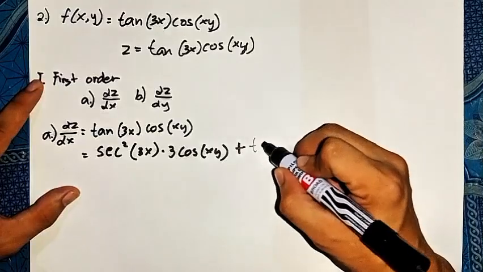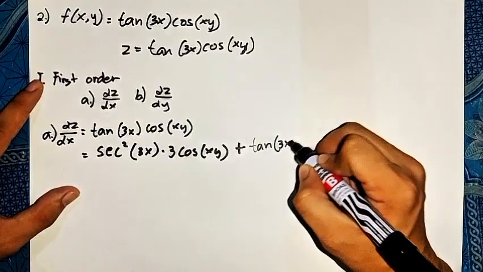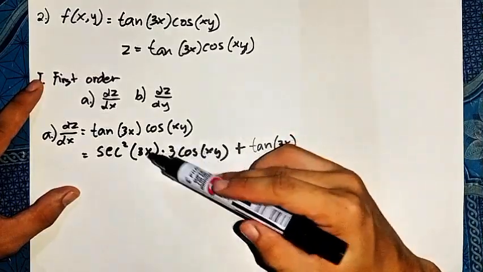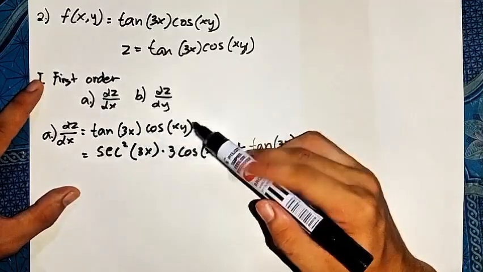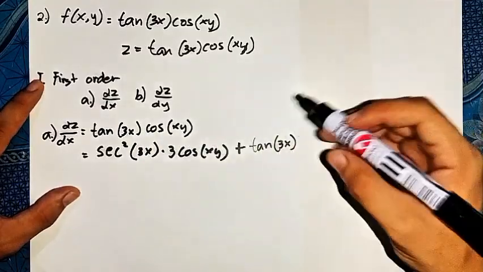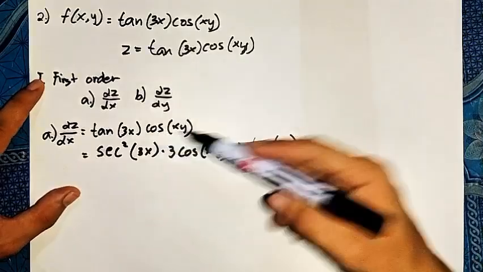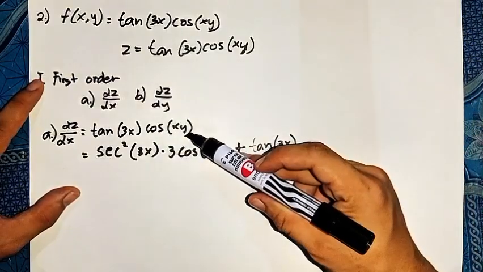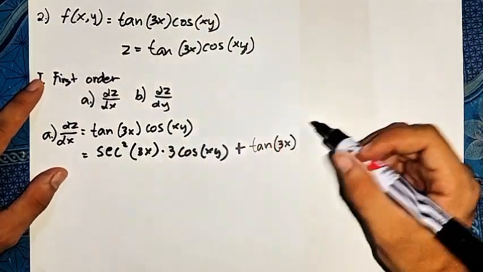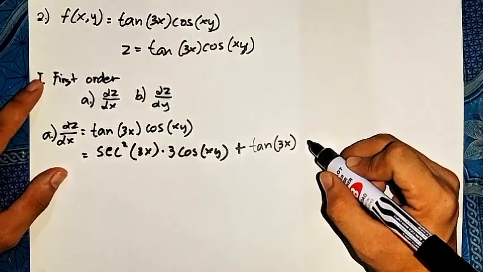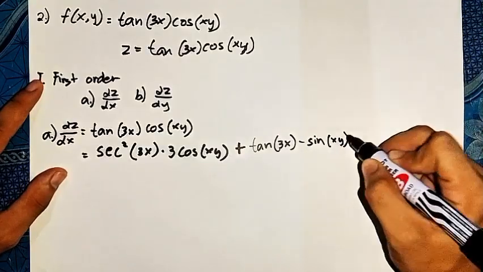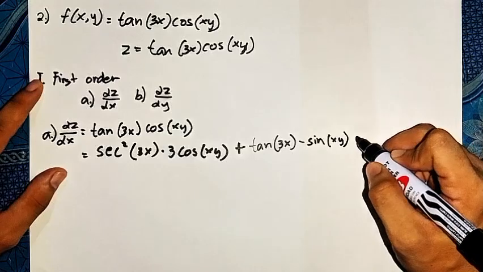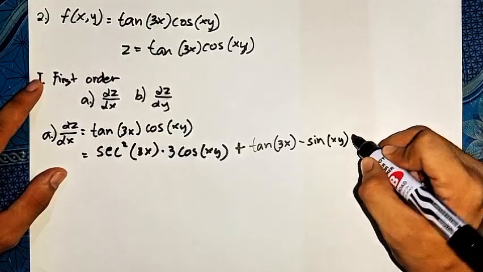So copy the tangent 3x. We'll use the chain rule and also the product rule. So copy the tangent 3x. Next is, what is the derivative of cosine xy with respect to x? The derivative of cosine is negative sine. Copy the xy. Now the derivative of xy with respect to x is y.